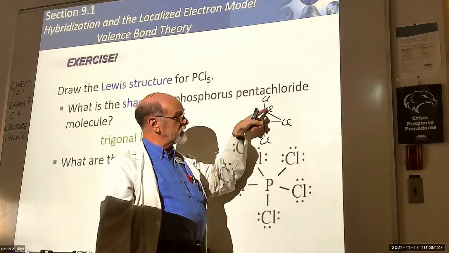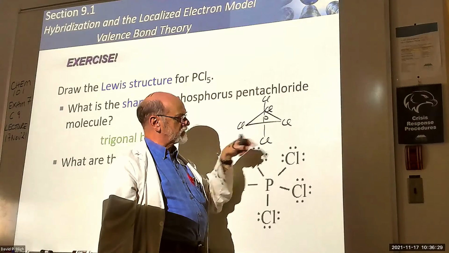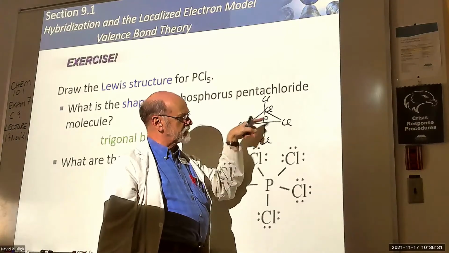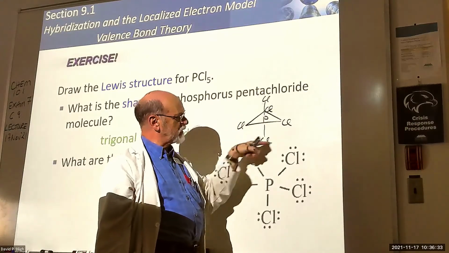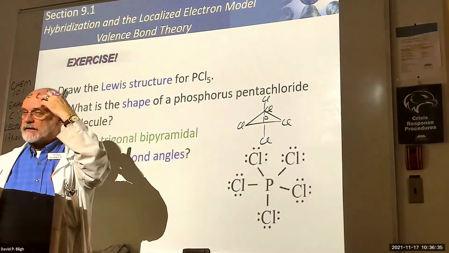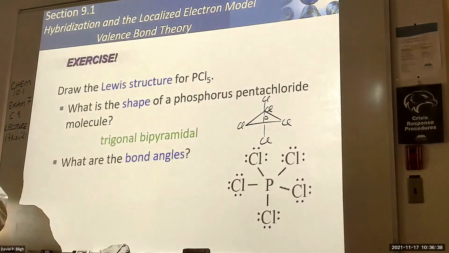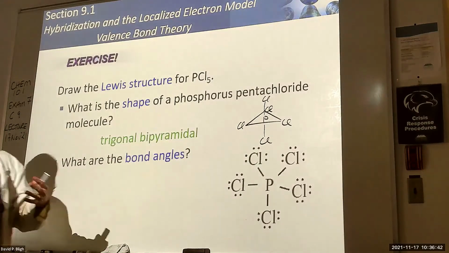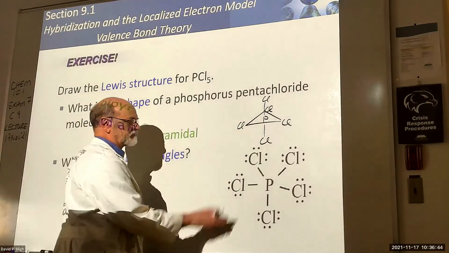The angles here are 120 degrees, the angles here are only 90 degrees, and the angle between that one and that one is 180 degrees. So based on VSEPR, you can't have all equivalent bond angles.